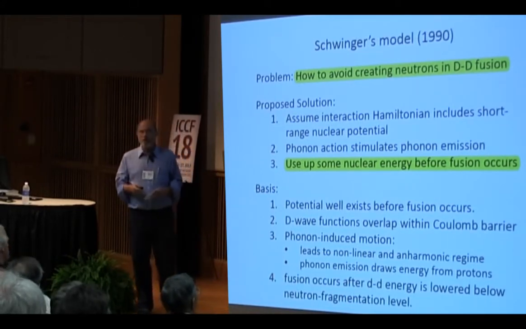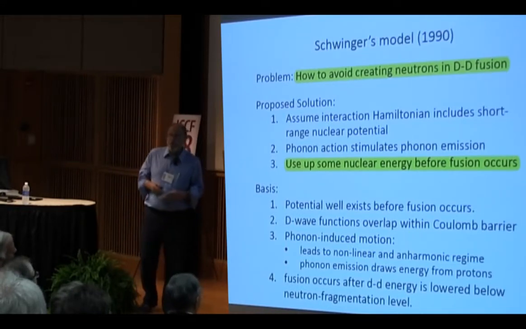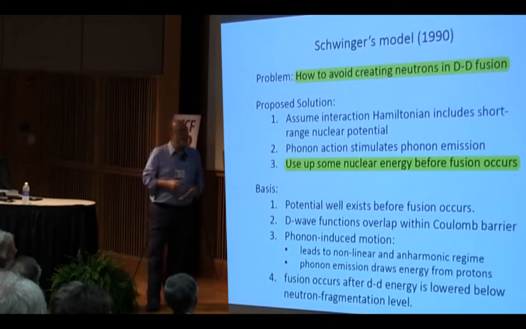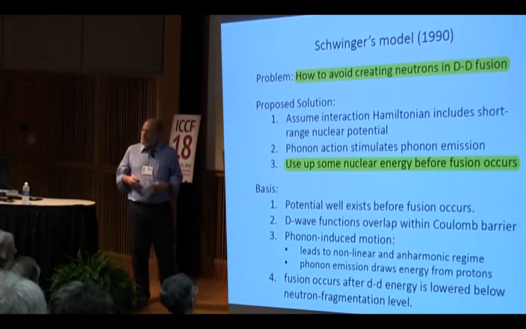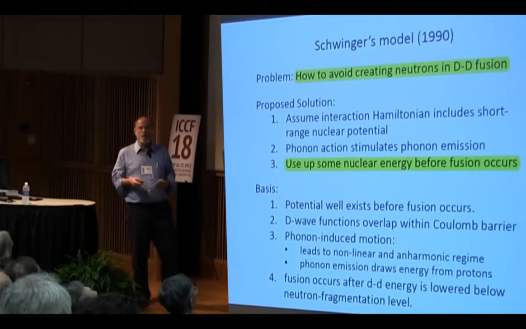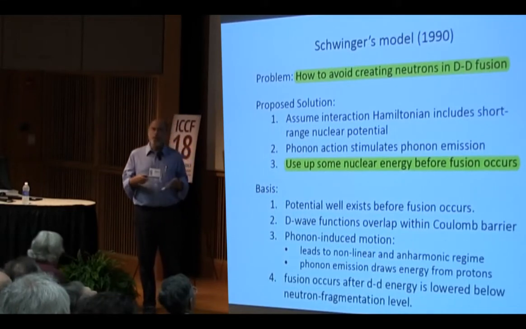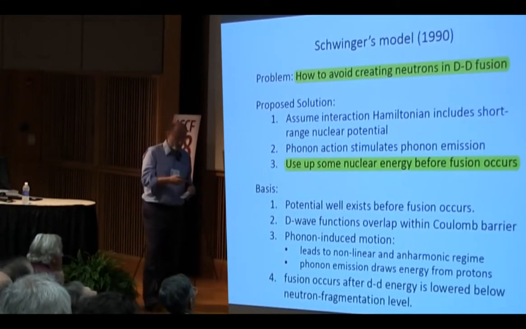This was a point that Ed Storms has brought up, and again, physicists say, no, can't do that. But there is validity. Instead of worrying about the potential wells spaced apart in 3-space, now we're talking about the possibility of the potentials spaced apart in time and using the energy that way.